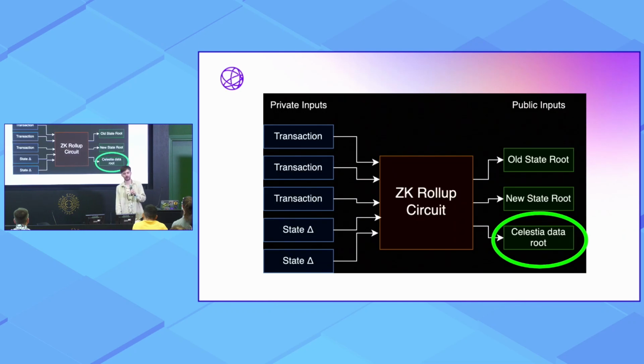So now that you're given the data roots in the Ethereum state, you can just add the Celestia data root as a public input to your circuit, and then you don't even need to prove a commitment. You can just go straight to inclusion and prove that your pub data is included. It is a bunch of SHA-256 hashes, so it's a little bit not ZK friendly, but they're getting pretty good at that these days.